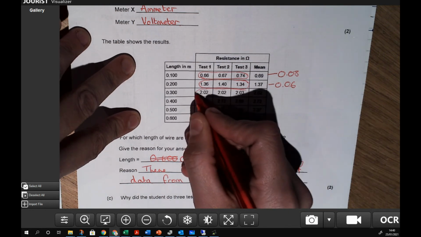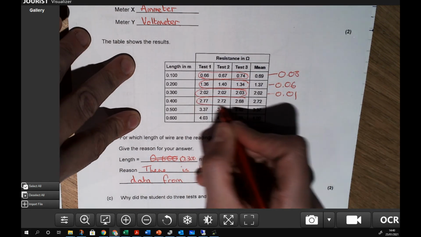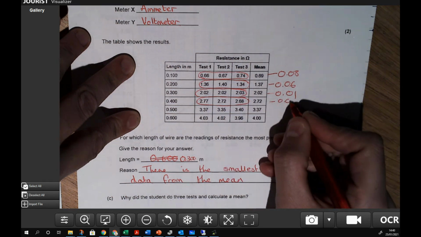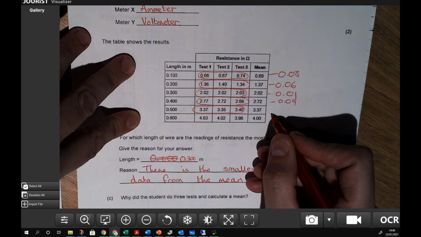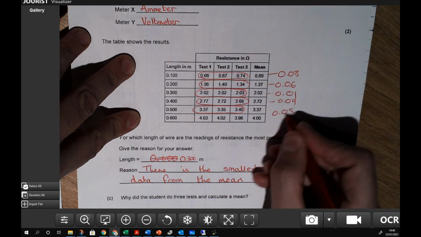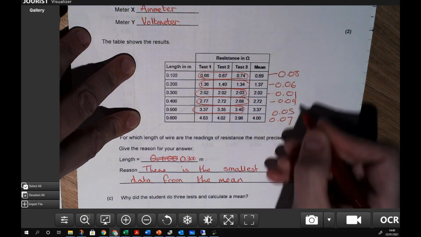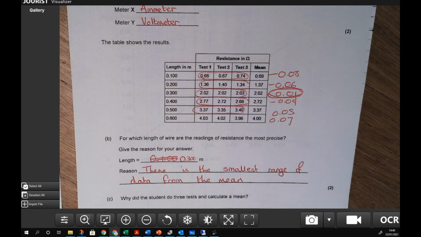That has got a range of 0.01. That has got a range of 0.09. There we've got a range of 0.05. And last but not least, 0.07. So that is why that is considered the most precise.